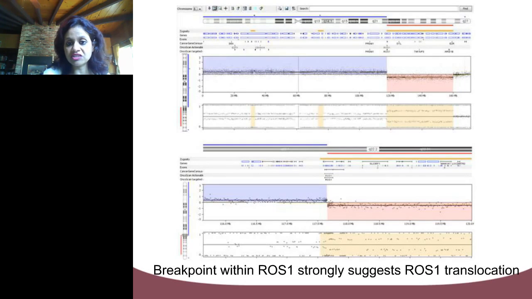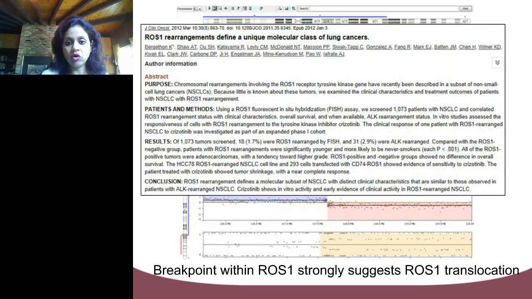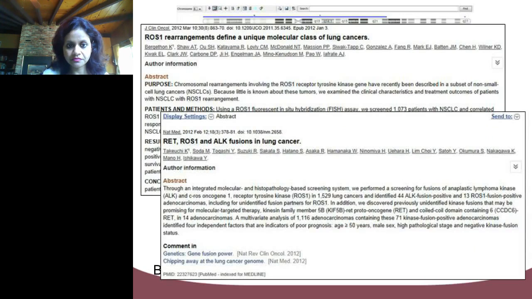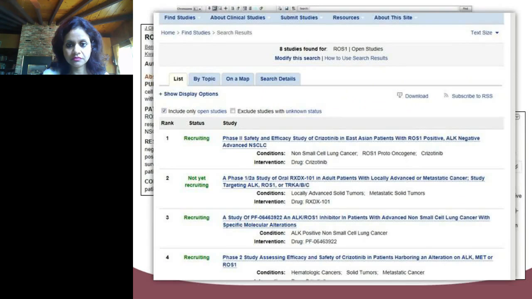They picked up the ROS1 translocation because an amplification and a deletion event with a breakpoint between the two suggested a ROS1 translocation in this particular patient, which, as we all know, here is the evidence, defines a unique molecular class of lung cancers and is highly targetable. And here is the list of clinical trials that are recruiting patients with a ROS1 translocation.